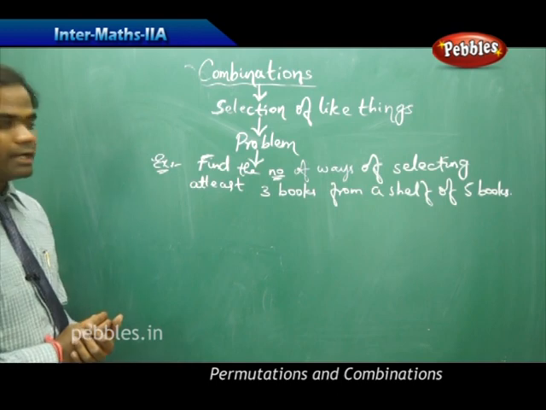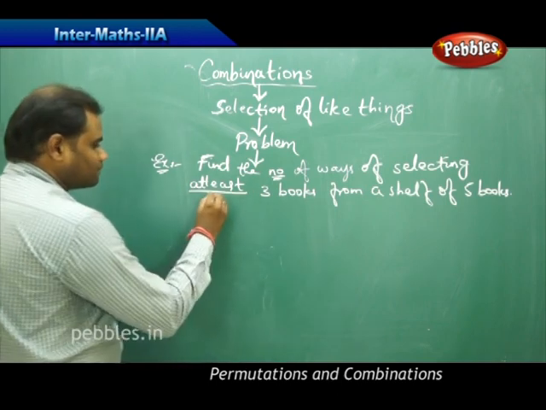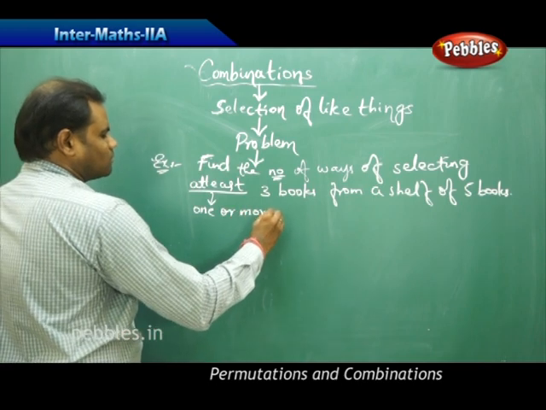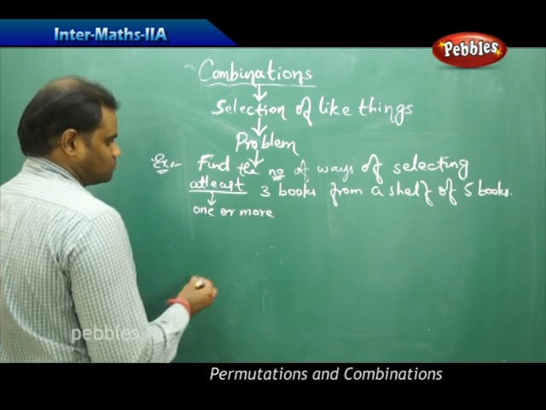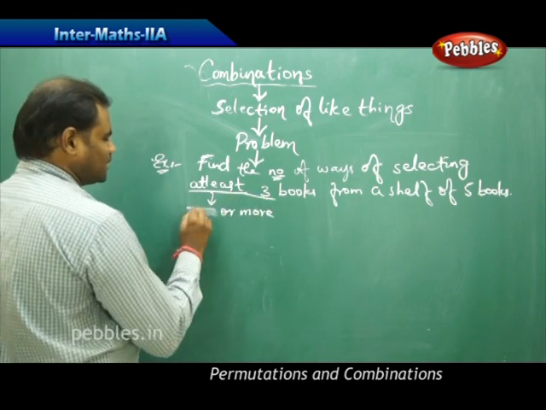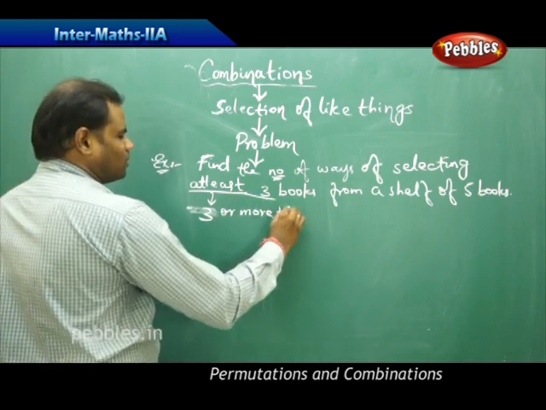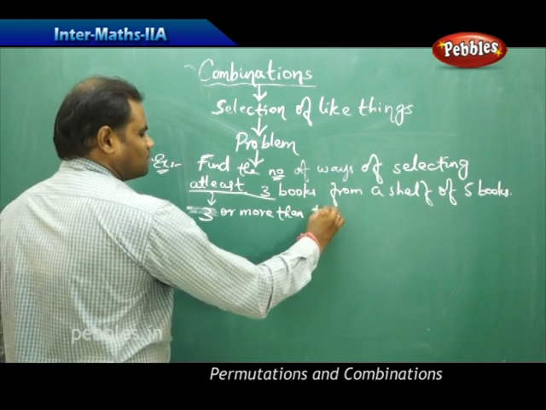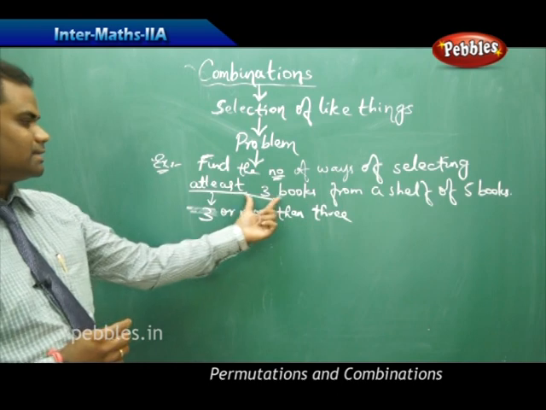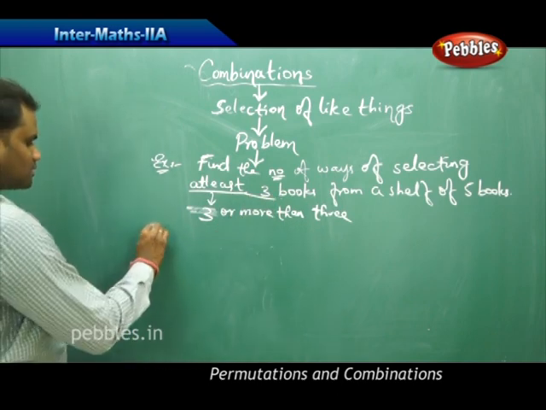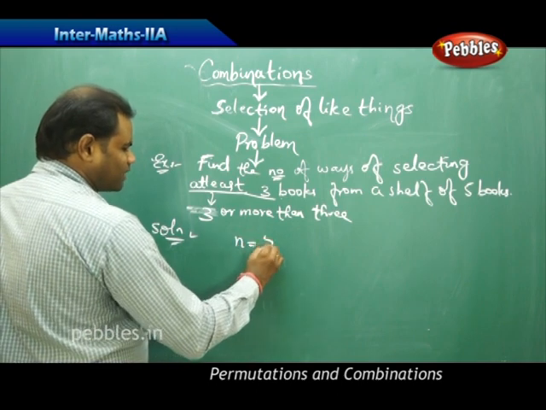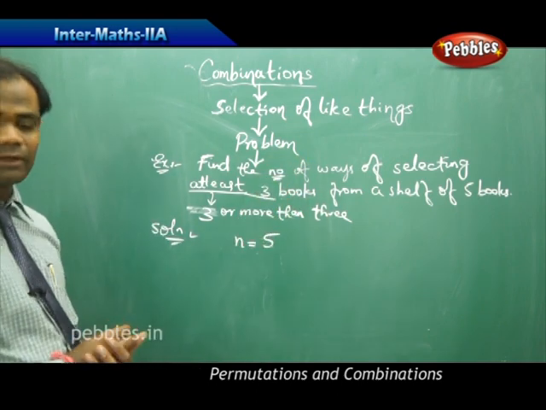Now this is purely related to the word at least, because at least 3 implies 3 or more than 3. So in this case, I clearly see that the total number of books in the shelf is 5, which refers to n equal to 5.